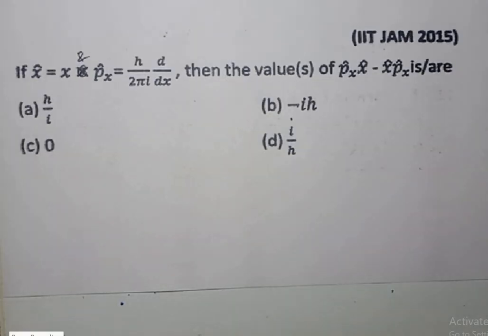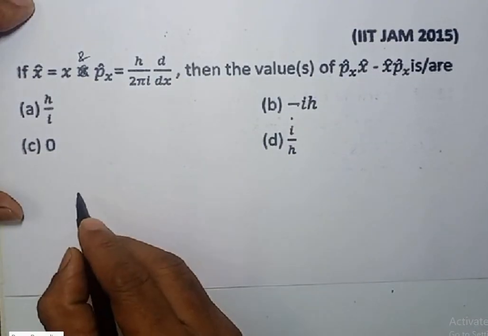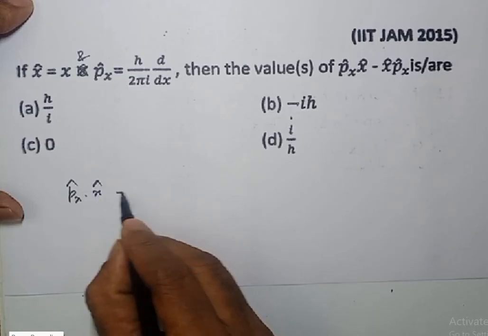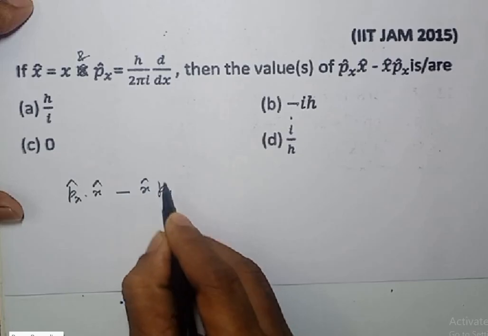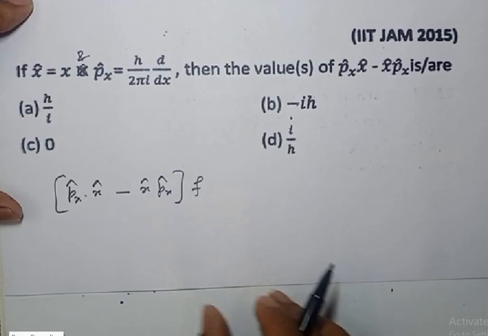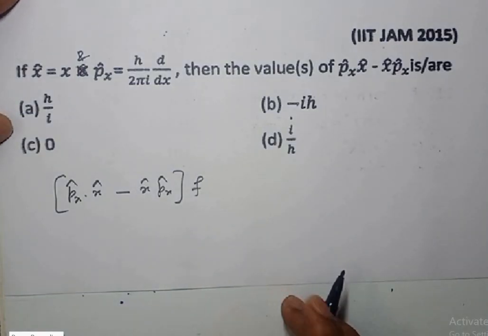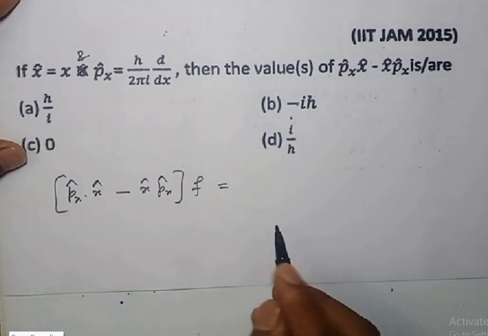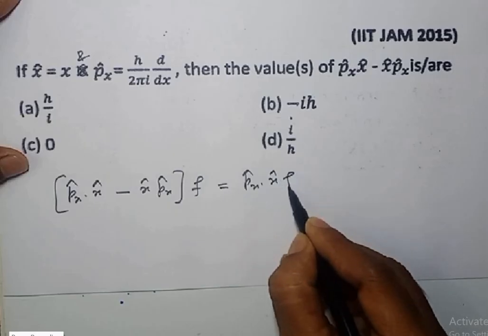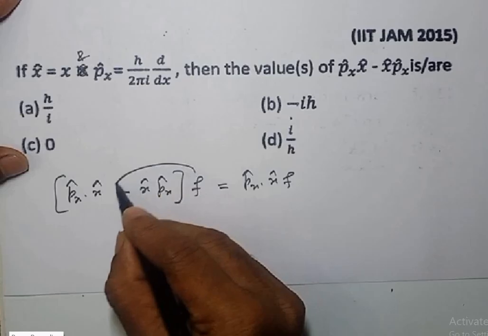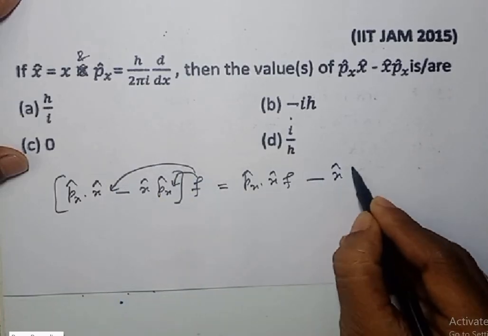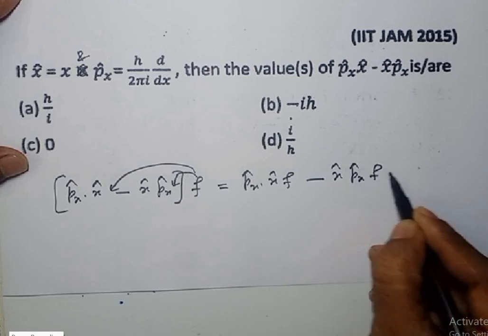I'll just show you. See, they are asking px operator into x operator minus x into px. Now you take some function f and apply this operator on the function. We'll find out the values. So px operator into x acting on the function f, minus x into px of f.